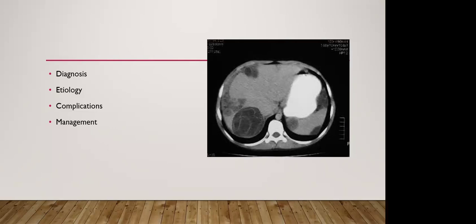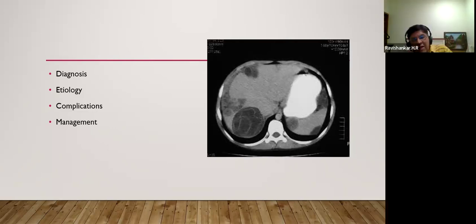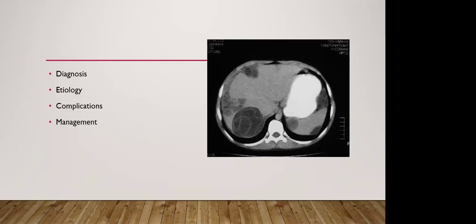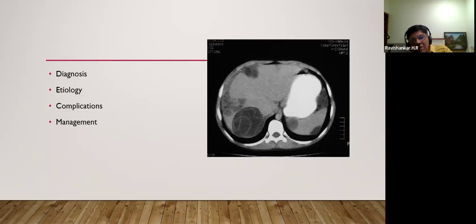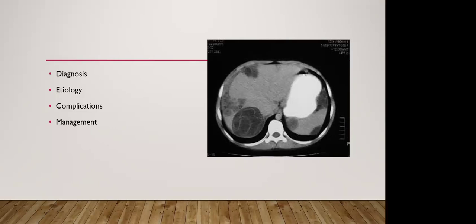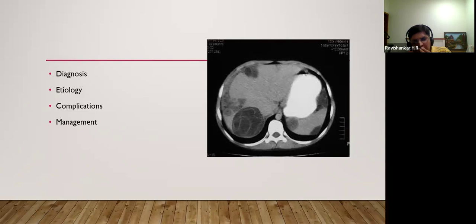In the liver, it can cause pressure effects, causing obstructive jaundice, portal hypertension, Budd-Chiari syndrome. Compression of the portal vein. Is it that common? Portal hypertension, I have not read. It can cause obstructive jaundice, I agree.